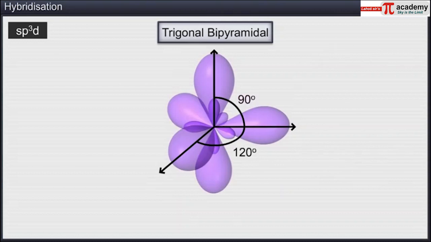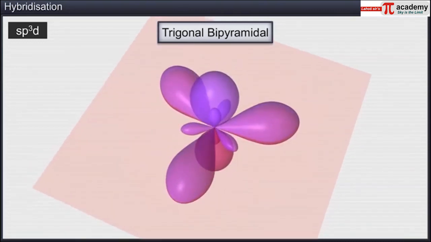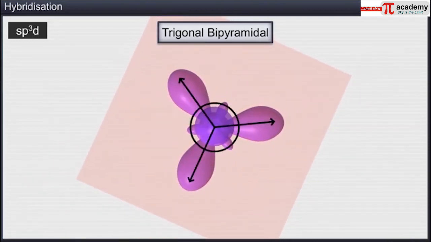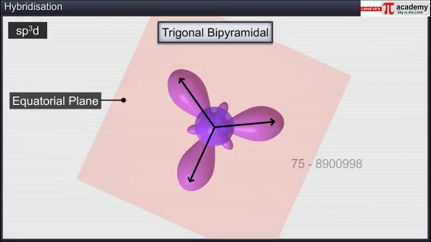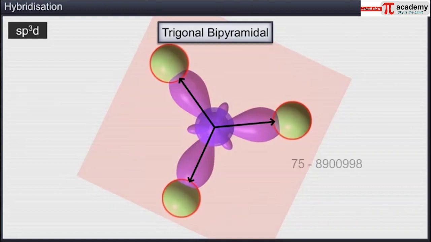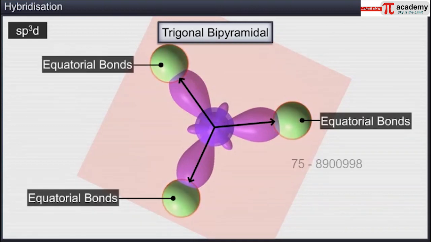Three of the hybrid orbitals lie in one plane, making an angle of 120 degrees with each other. This plane is called the equatorial plane, and the bonds formed by them are called equatorial bonds.